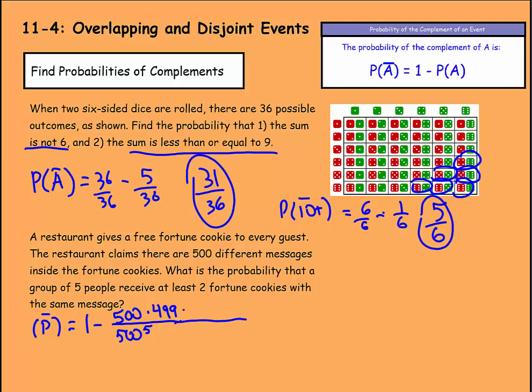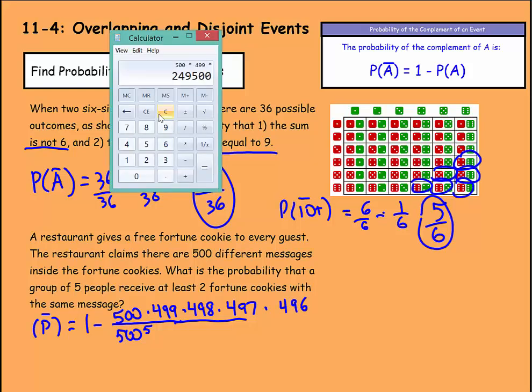For the third person, there would be 498 different messages that are not the same as these two. For the fourth person, there would be 497, because these 3 are already taken. And the fifth person is 496. 500 times 499 times 498 times 497 times 496 divided by 500 to the 5th.